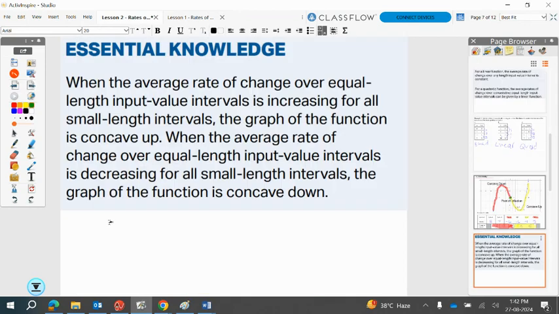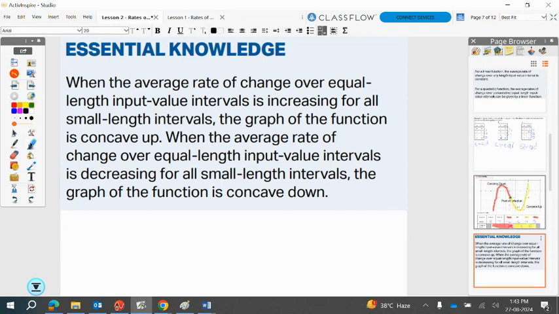So our essential knowledge. When the average rate of change over equal length input value intervals is increasing for all small length intervals, the graph of the function is concave up. When the average rate of change over equal length input value intervals is decreasing for all small length intervals, the graph is concave down.